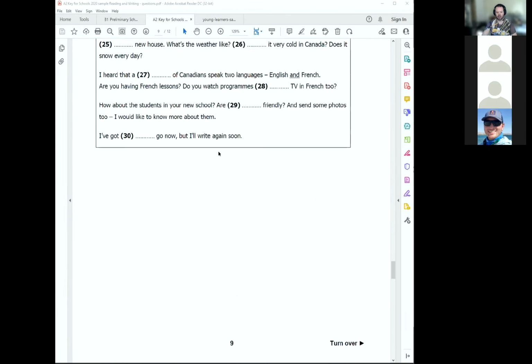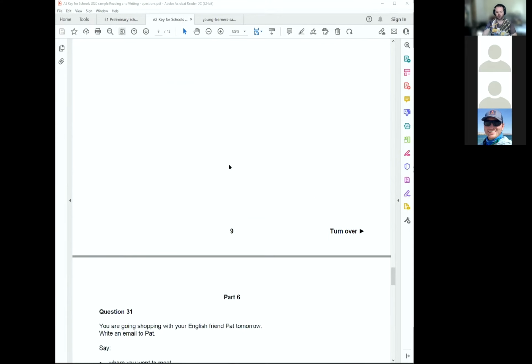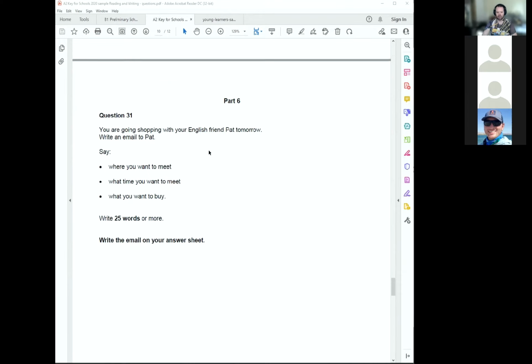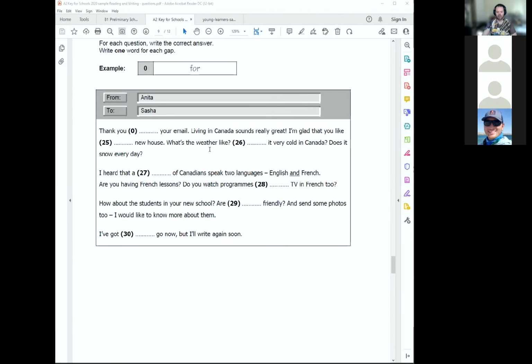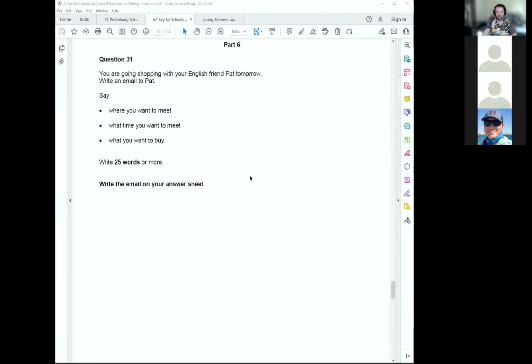Because if a student can't do this or doesn't understand this, they would be basically double penalized in the next one. So the context of this email is completely different to the context of this one. We've kind of discussed the approach to this in our discussion of the A2 Flyers, so I think we can kind of leave that for now.